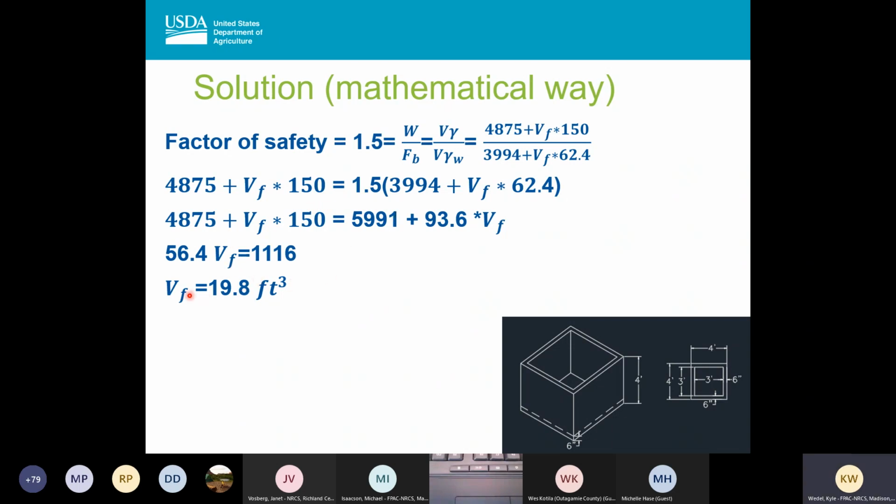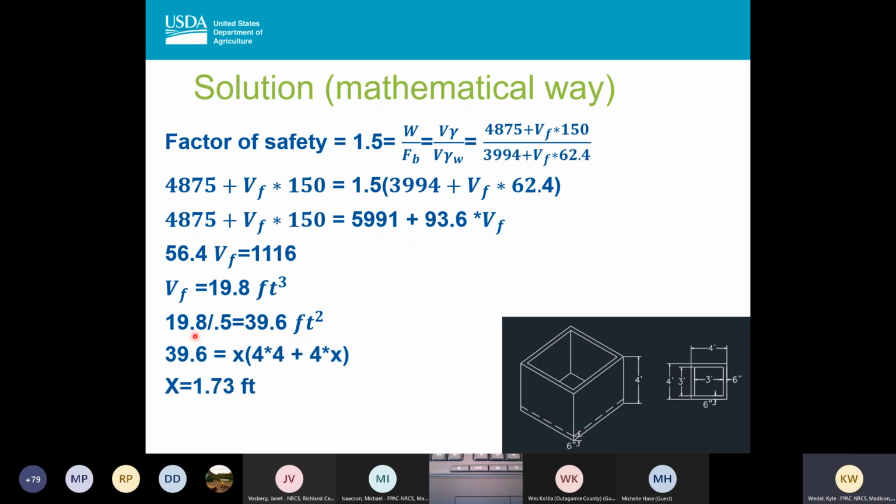You're going to solve it out and come up with a volume of footer of 19.8 feet cubed. And you know that your height here is going to be 6 inches, so you can divide that out, and you're going to end up with 39.6 feet squared.